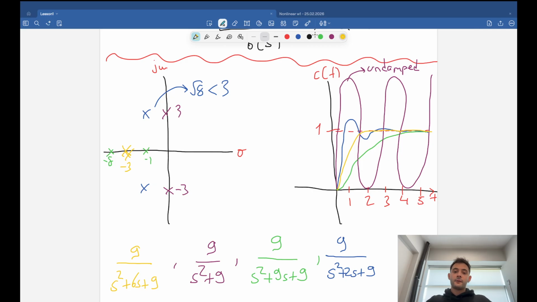If you have two poles on the real axis, like minus 8 and minus 1, you will have a response which is too slow but reaches the final value correctly. This is the green one. We name it overdamped.